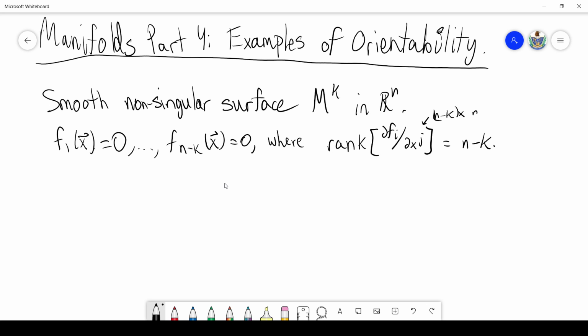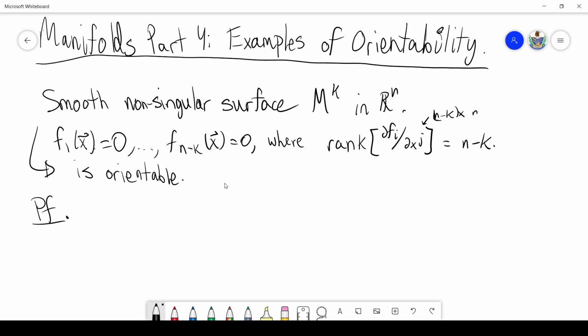And so we are going to prove that this is orientable. And we're going to use the second definition of orientability, which is that of choosing a frame.